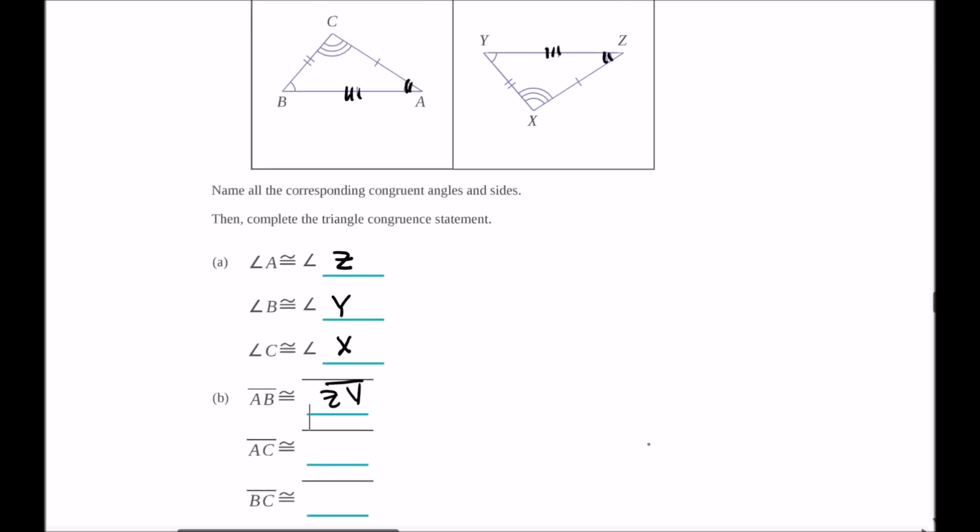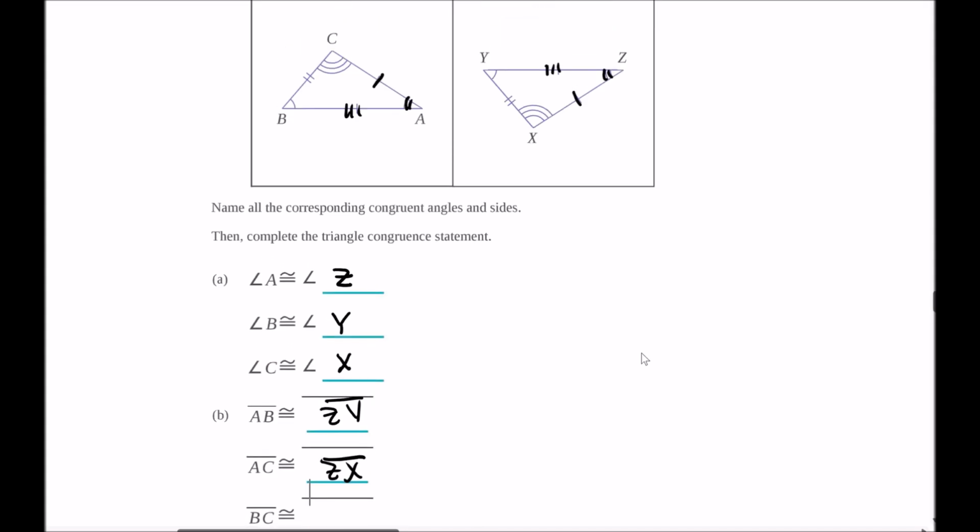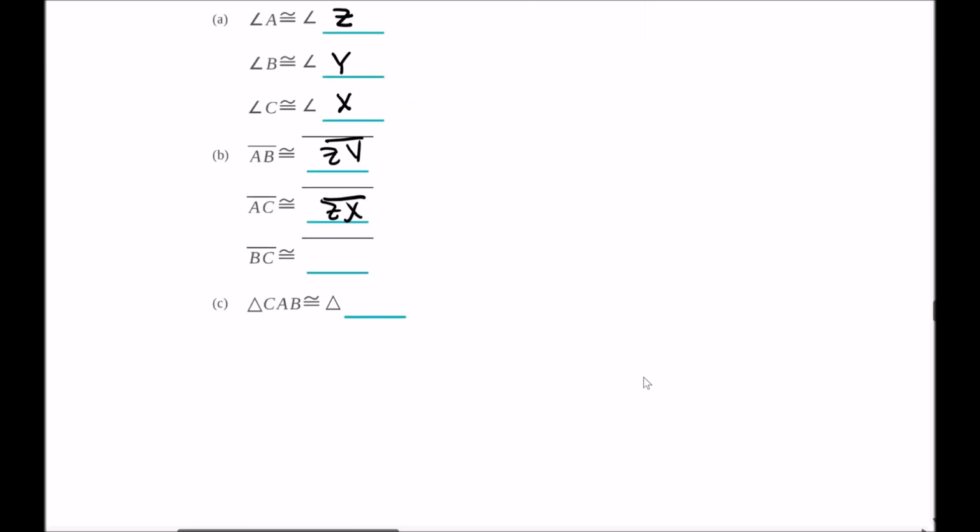AC has the 1 mark, and so does this one, so it matches up with ZX or XZ, same thing. And BC has the double marks, and so does this one, so it'll match up with YX or XY, again, same thing.